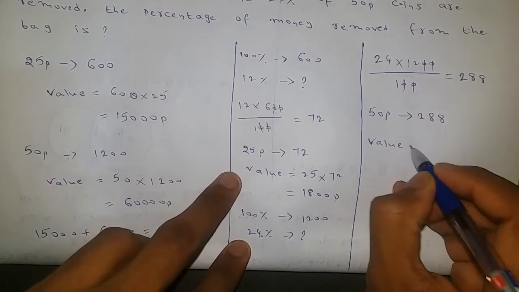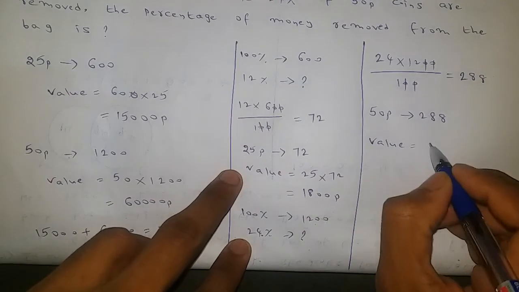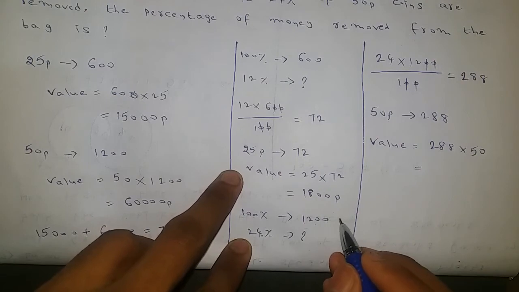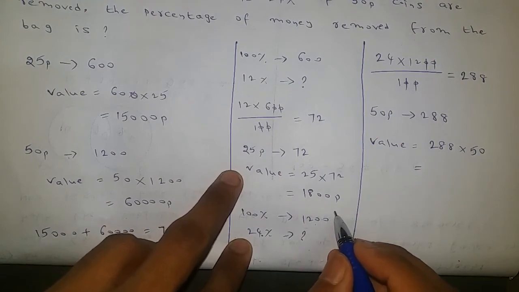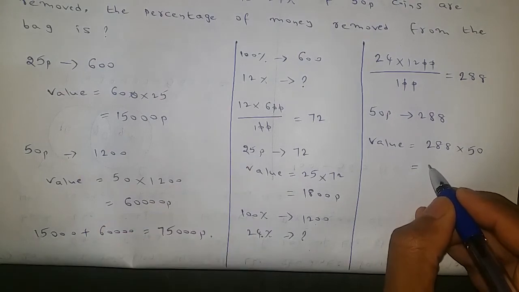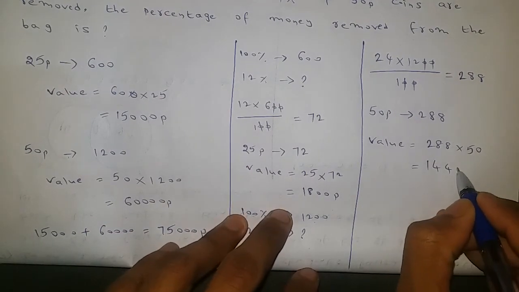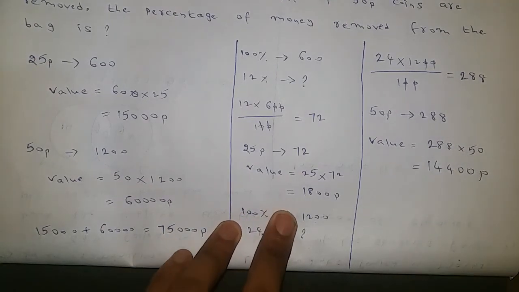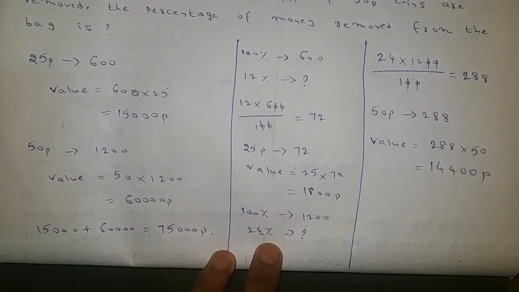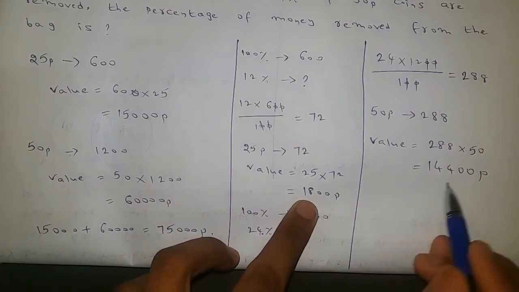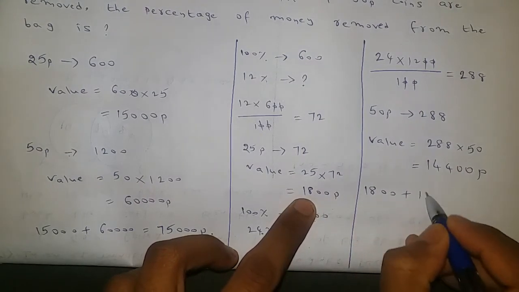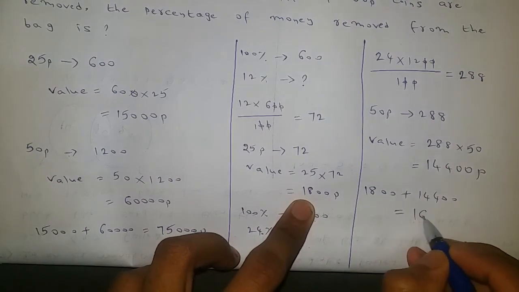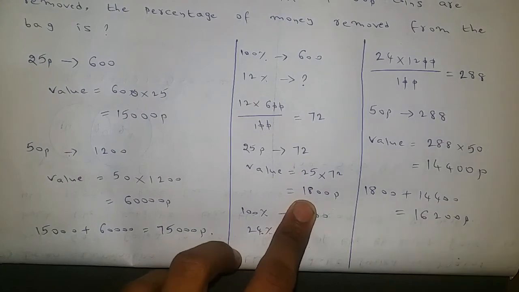Then what is the value of that removed money? That is 288 into 50 paisa. 288 into 5 is 1440. Already one more extra 0, so 14,400 paisa. Now how much total amount did we remove? That is 1800 plus 14,400, which is equal to 16,200 paisa.